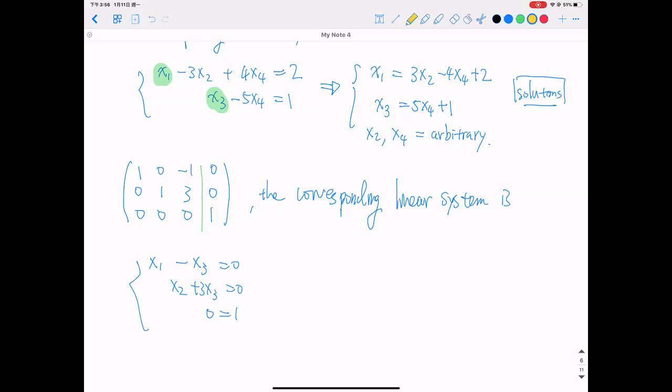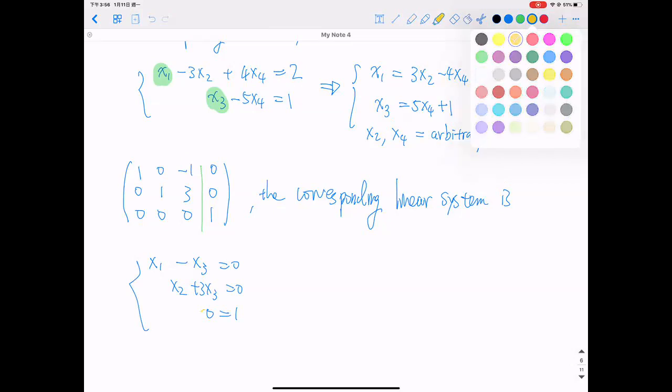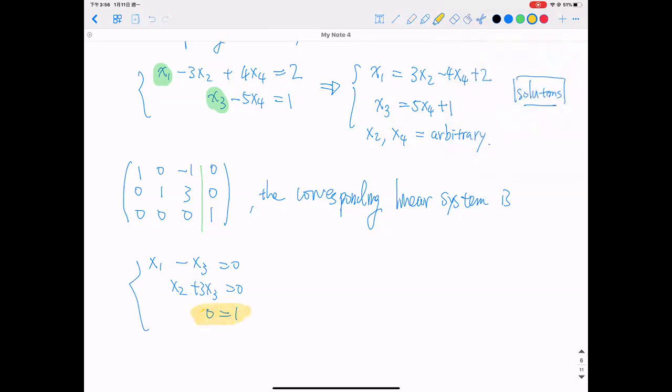And you see here's a problem. Zero is not equal to 1. 0 cannot equal 1. This is impossible.